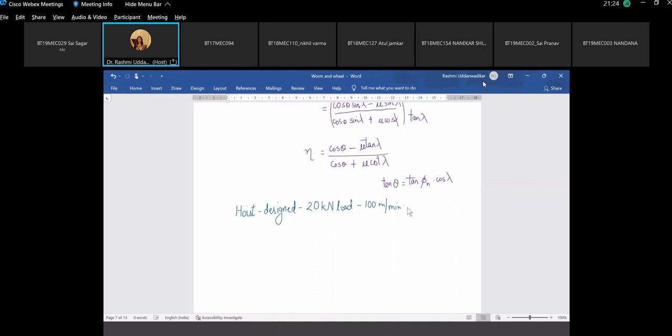If the diameter of the hoist drum is 600 mm, and the power is to be transmitted to the drum shaft from a 1440 RPM motor using worm and worm wheel.